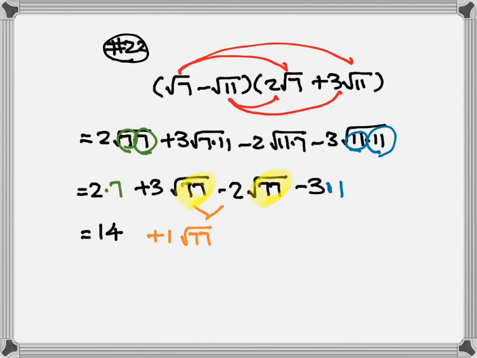The next, back here, becomes negative 33 because you have 3 times 11, so that gives you 33. The next, we're going to combine the like terms, negative 14 minus 33, that gives you negative 47, bring down the plus square root 77.